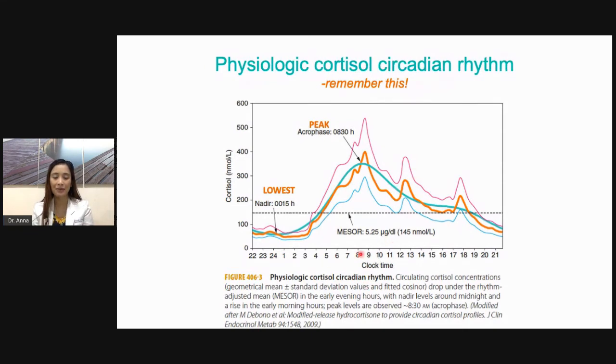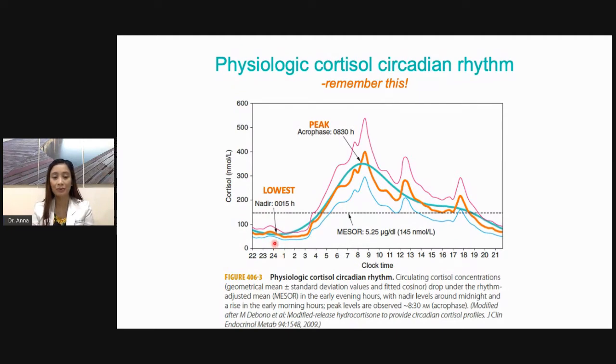So remember from our previous session that the peak of your cortisol secretion usually starts between 8 to 10 a.m., that's the peak, and then it gradually goes down and reaches its nadir, or lowest point, at around 12 midnight.